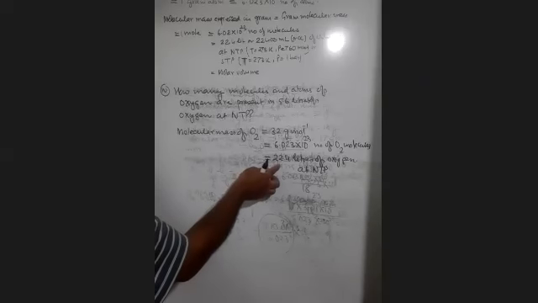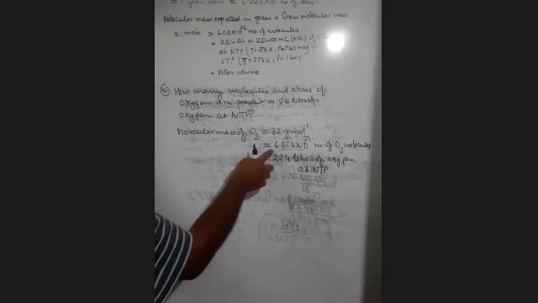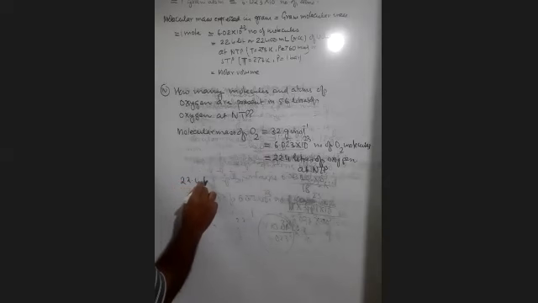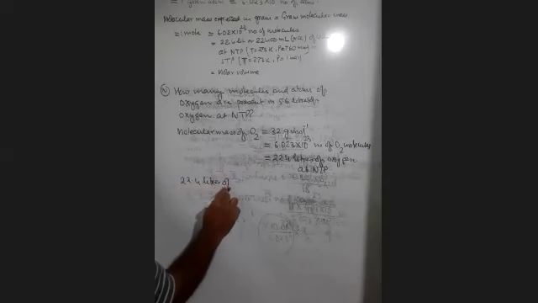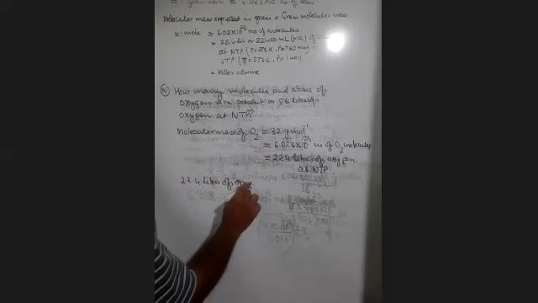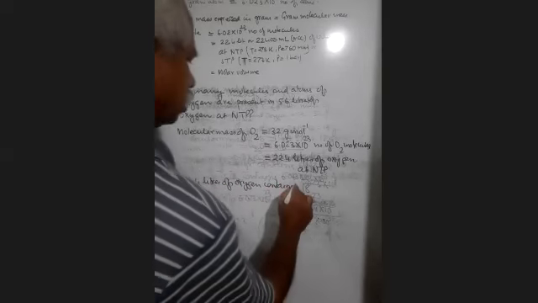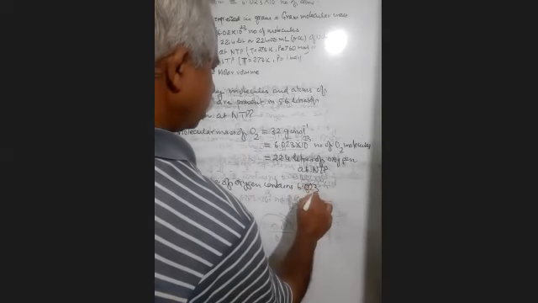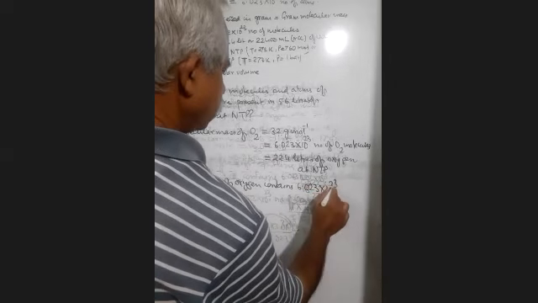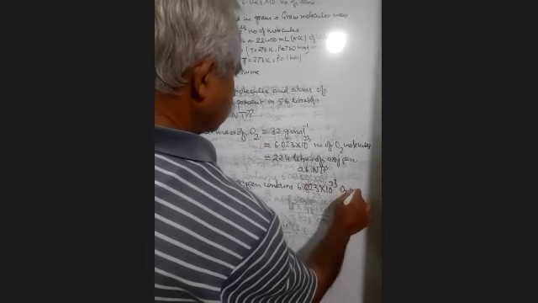Okay, see here. So what is the relationship between this? You get the relationship from here to here. So what you write now here? 22.4 liters of oxygen contains 6.023 into 10 to the power 23 number of O2 molecules.